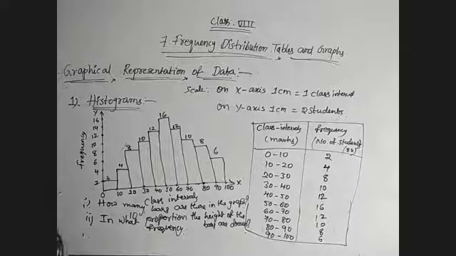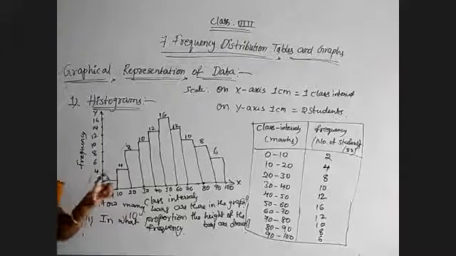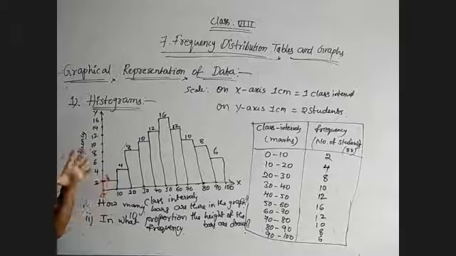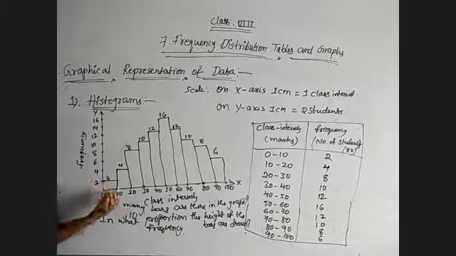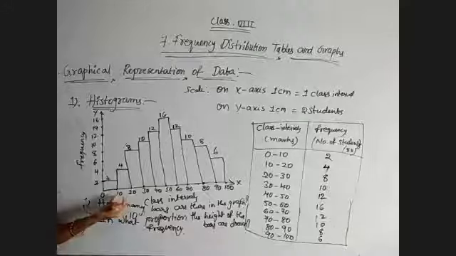So what differences have we found between bar graphs and histograms? Just observe. In bar graphs, we take individual bars for individual activities, like grade A means only for that one. But here, the data is grouped: 0 to 10, 10 to 20, 20 to 30 are just class intervals, grouped frequencies.